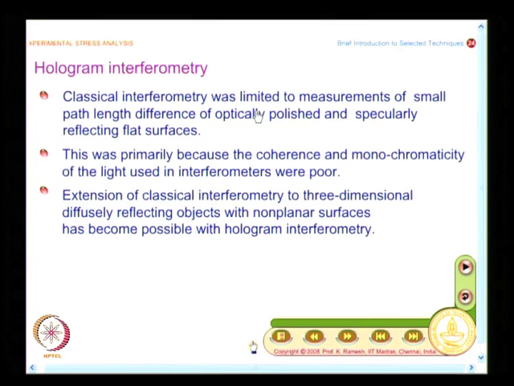So, we have had a quantum jump: from flat surfaces we could go to 3-dimensional objects, and once you come to a 3-dimensional object, the path length is not small, it is much larger, and we are also looking at non-planar surfaces. So, you graduate from simple experiments on interferometry to finding out what happens on a 3-dimensional object.